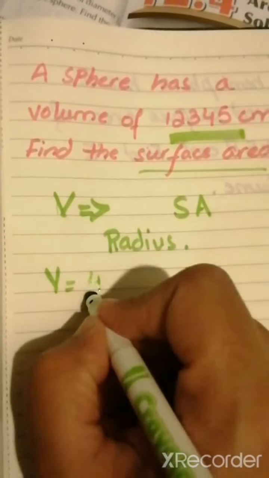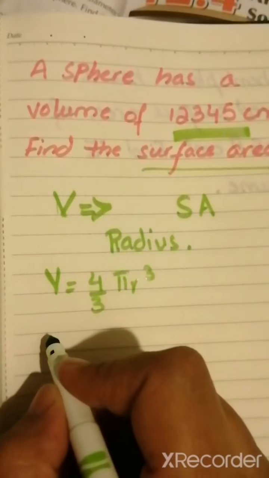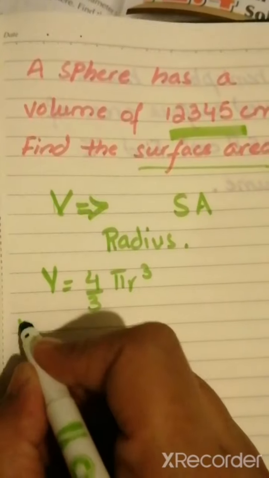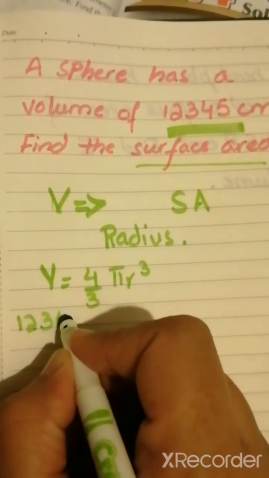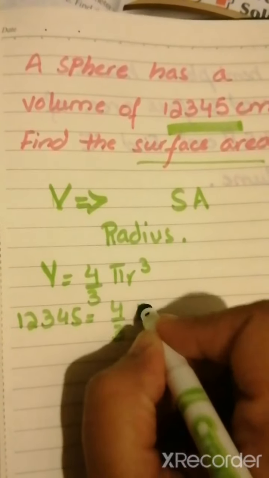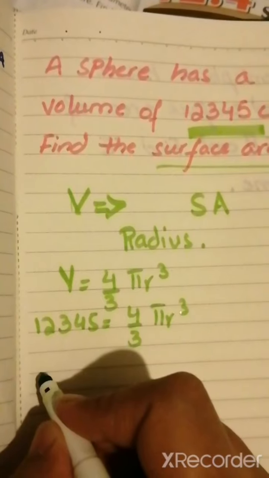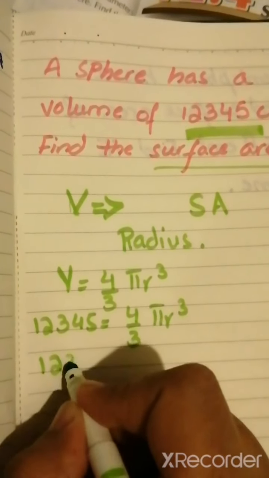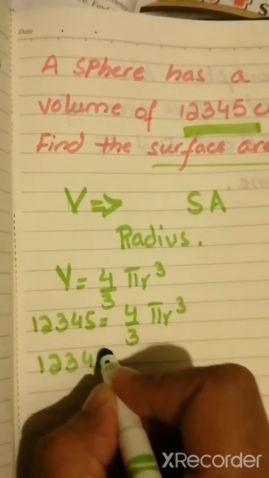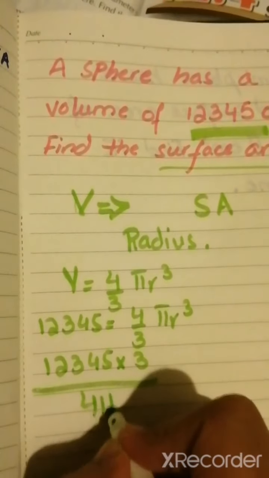Volume equals 4 over 3 pi r cube. So this makes it 12,345 equals 4 over 3 pi r cube. You can take 3 to the other side. That makes it 12,345 into 3 divided by 4 pi.